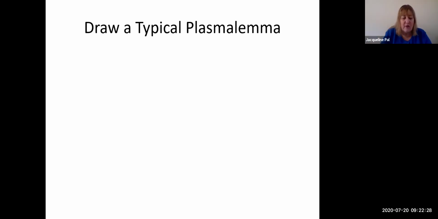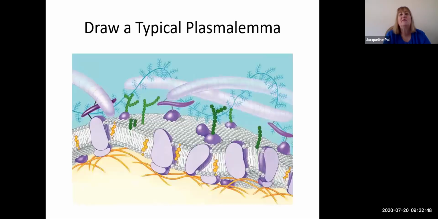In order to get credit, the first thing you have to do is read the question and answer the question being asked. If this was a test or a quiz question, I say draw a typical plasma membrane, and you draw this or this, you don't get any credit. What you need to draw is some type of stick figure of something like this.